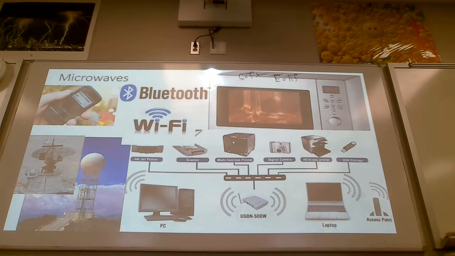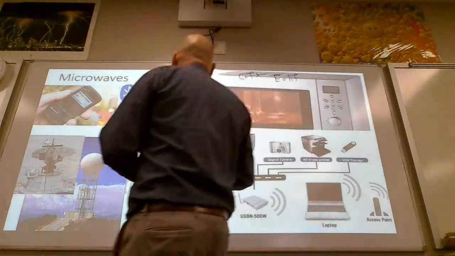Cell phones use microwaves, Bluetooth, Wi-Fi, anything close are using microwaves. We use this for communication devices.